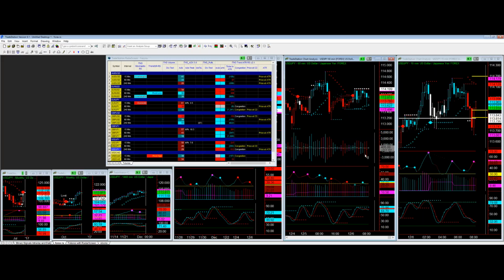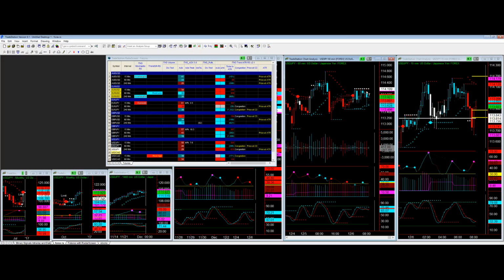Now, sellers is measured from this gray line. Anything that is below the gray line is sellers. Anything that is above the zero line is buyers. This little hash mark here tells me at the end of the bar who controlled it, buyers or sellers.